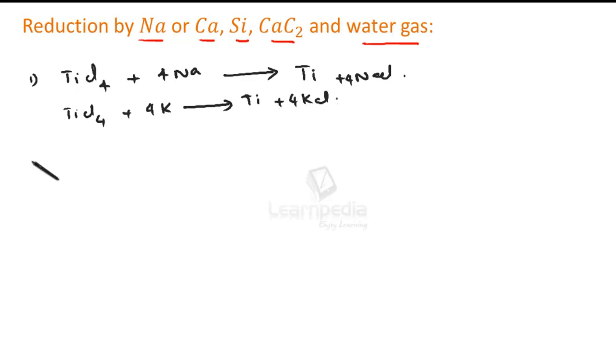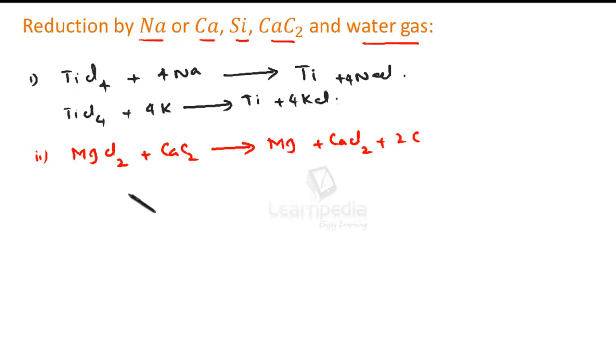And magnesium chloride can be reduced with calcium carbide, CaC2, as a reducing agent to give magnesium metal, and calcium chloride and coke become the byproducts. And water gas, which is a mixture of carbon monoxide and hydrogen, is generally used to reduce nickel oxide.